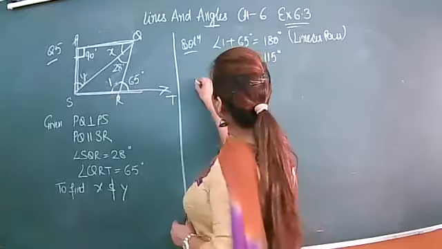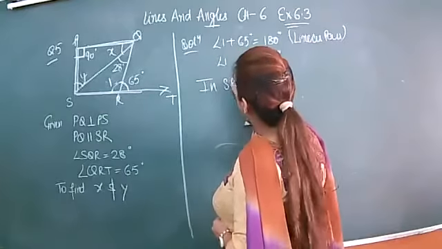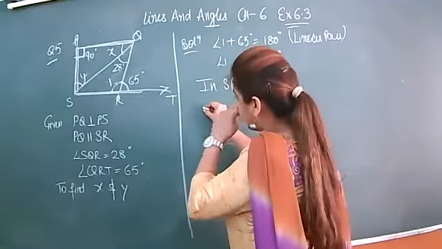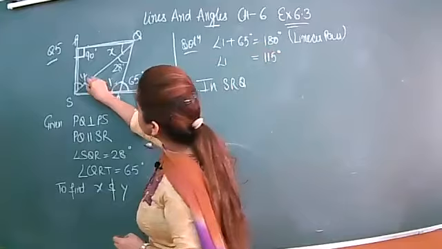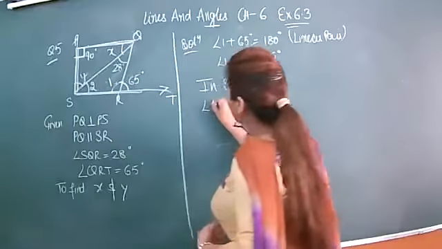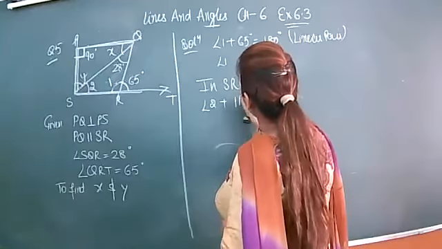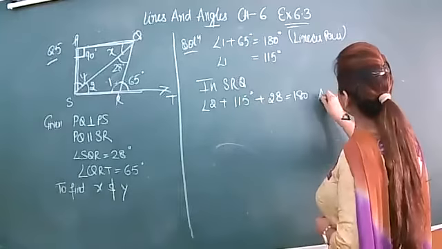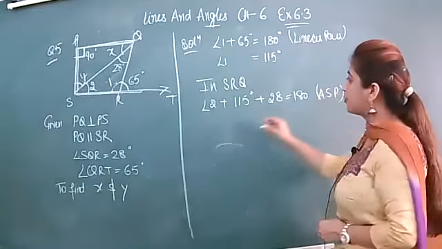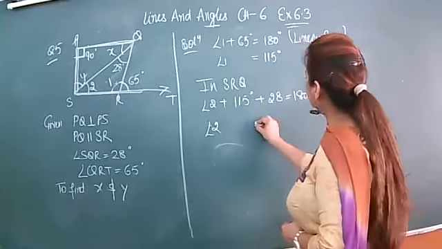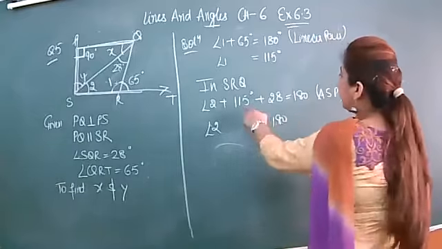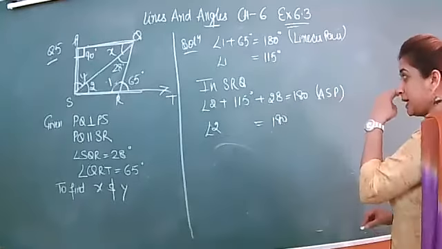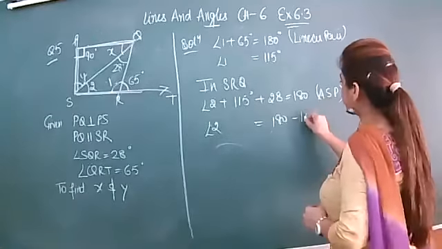Now, in this triangle, in triangle SRQ, this is angle 2. Give it as angle 2. Angle 2 plus 115 plus 28 is equal to 180 by angle sum property. So angle 2 you will get by subtracting the sum of these two angles from 180, that is your 143.